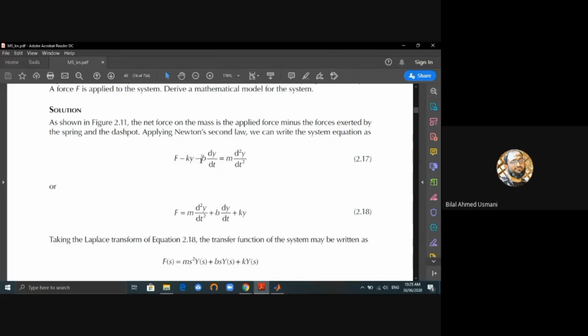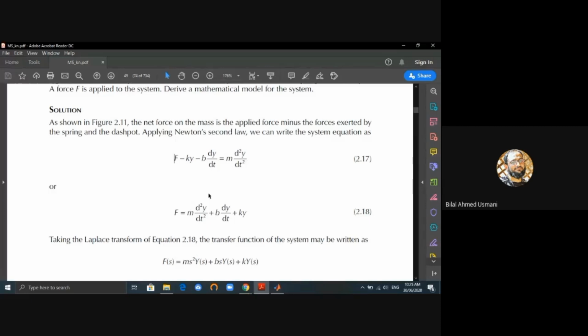Similarly, the dashpot always behaves in the reverse direction to damp the output immediately. So it's the applied force F, which is unknown, minus the force exerted by the spring, Ky, minus the dashpot. They are both being subtracted, so this is the net or total force.